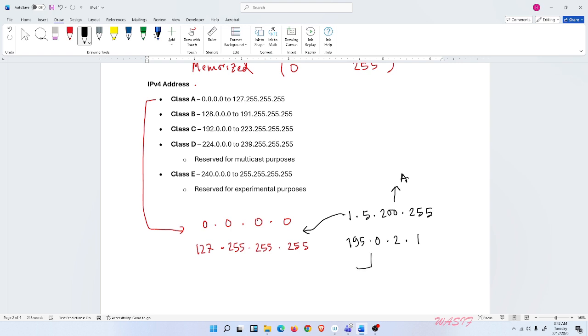Can I fit 195 between 0 and 127? No, 195 is beyond 127. So this is not a class A. This is how you know which class an IP address belongs to.